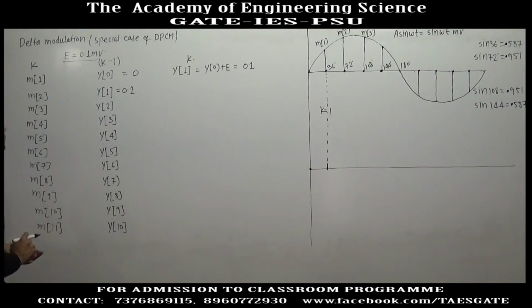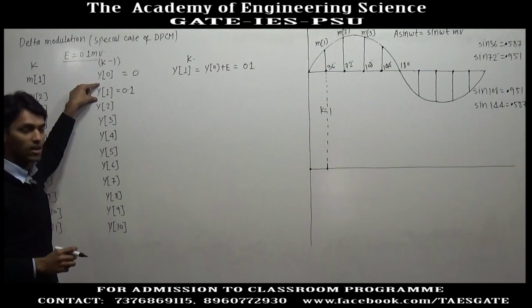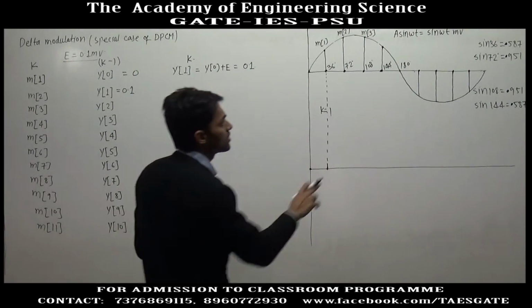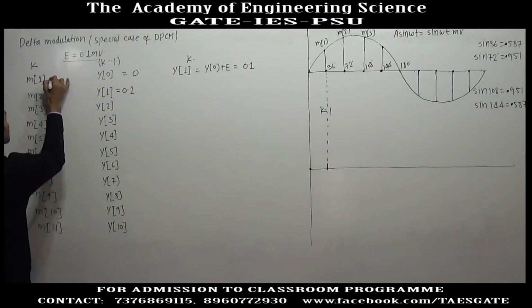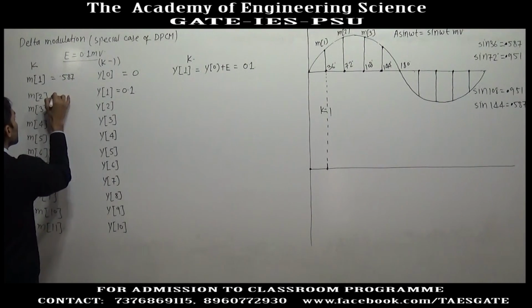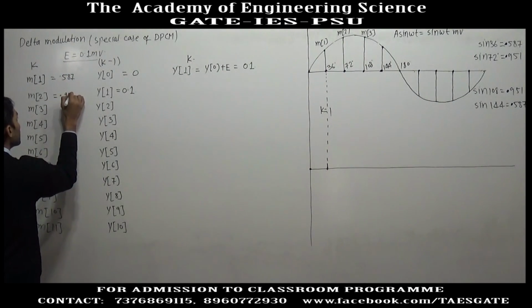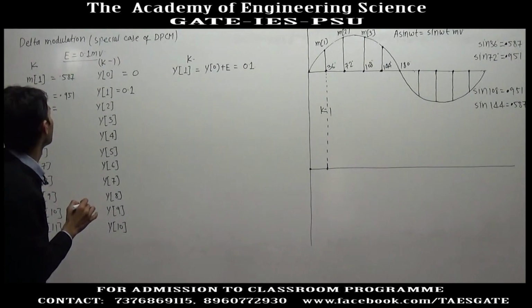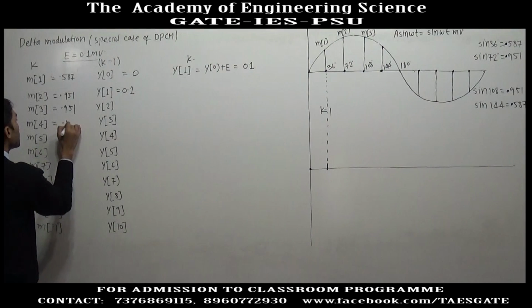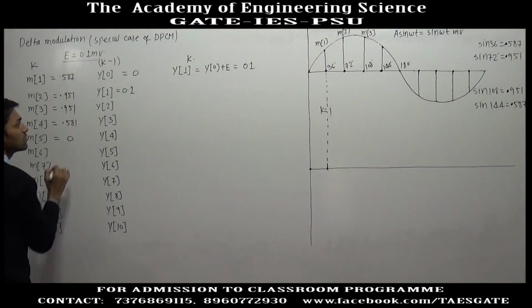Now, to obtain y2, for k equal to 2, the present input is m2 and the previous output will be y1. So, we will compare m2 and y1. The value of m2 is sine 72 degree, which is 0.951, m1 is equal to 0.587, this is 0.951, m3 is equal to 0.951, this is 0.587, this is 0.